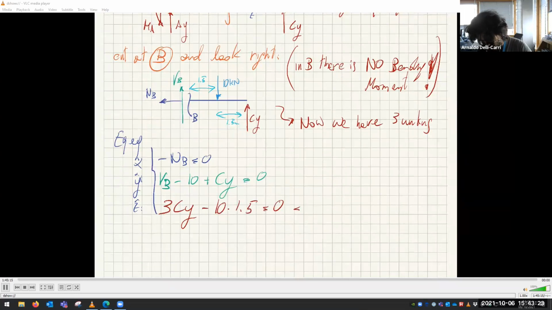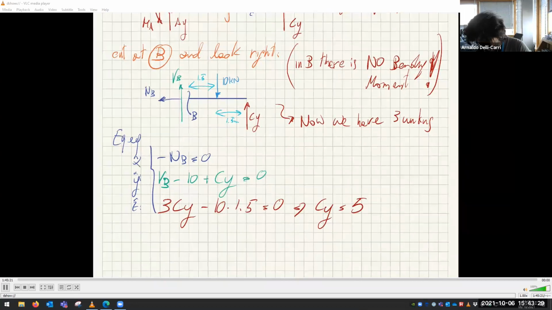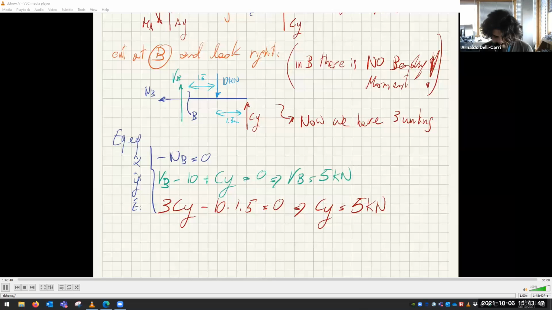So we can say that CY is 15 divided by 3 is 5 kilonewtons, because we are using kilonewtons here. And that means that VB is 10 minus 5 is 5 kilonewtons, of course. There we go. And then NB is 0.